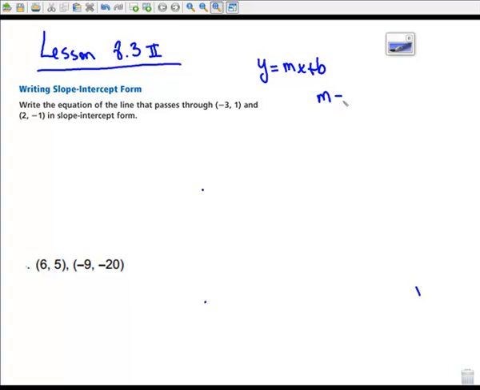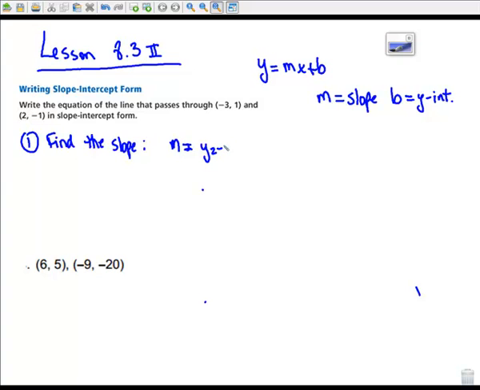M is the slope, and b is the y-intercept. So the first thing you do is find the slope. Remember, slope is y2 minus y1, the change in y, over x2 minus x1, the change in x.